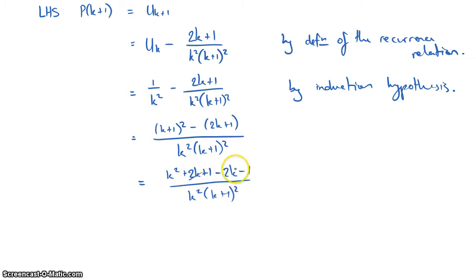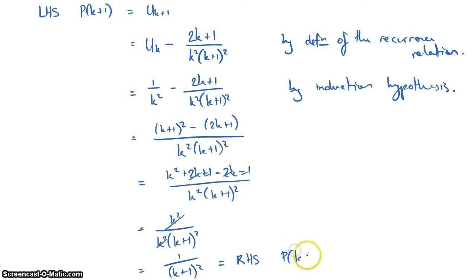And you can see that the 2k cancels, the 1 and minus 1 cancel, and that leaves me with k squared over k squared (k plus 1) squared. Look at that, those two cancel. I'm left with 1 over (k plus 1) squared, which is equal to the right hand side of Pk plus 1, which is fantastic. That's what I wanted. So therefore Pk plus 1 is true.